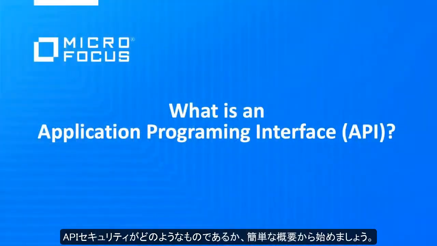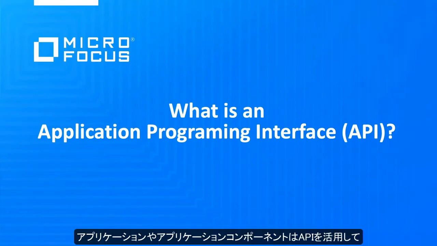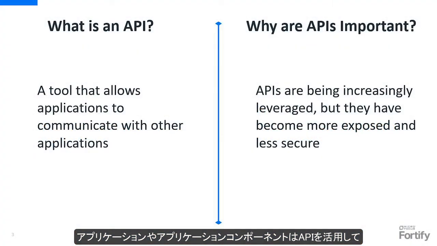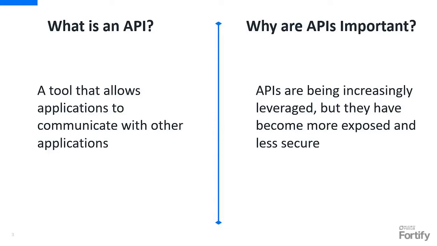Today we're going to be talking about API security and what it is, some of the basics. Maybe let's start off by giving people a quick overview. What is API security? Let's just start with the basics of what is an application programming interface. Applications or application components can leverage APIs to connect to other apps and communicate autonomously.